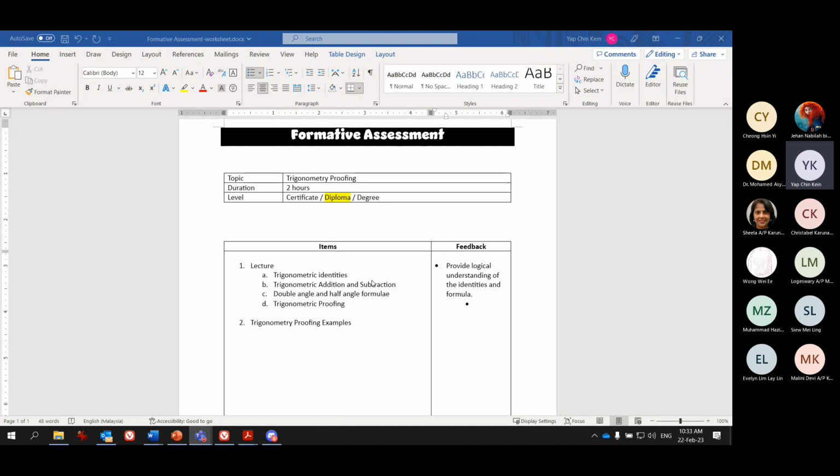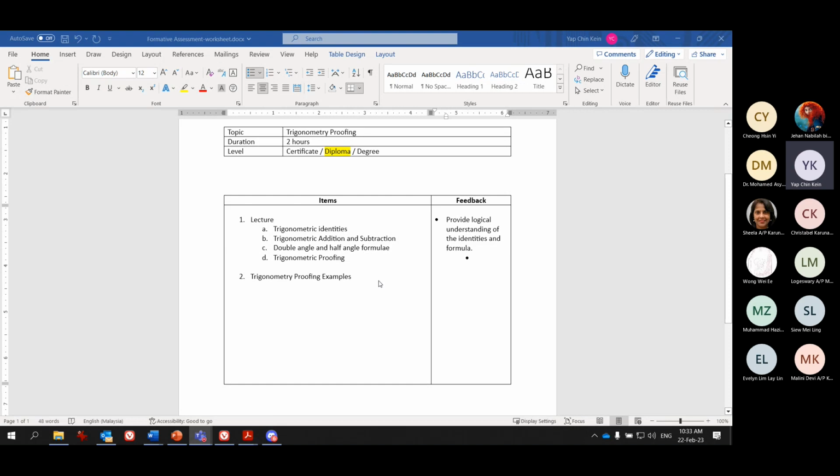Okay, so this is a diploma exact topic about trigonometric proofing.